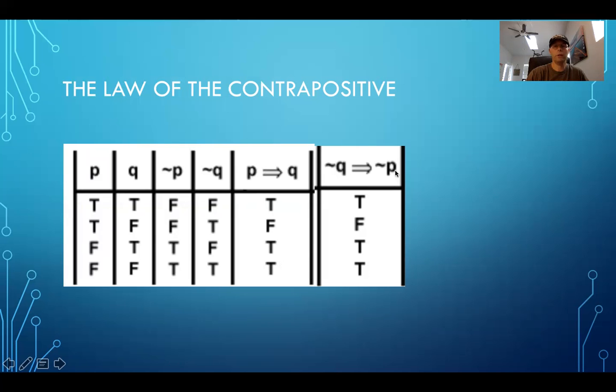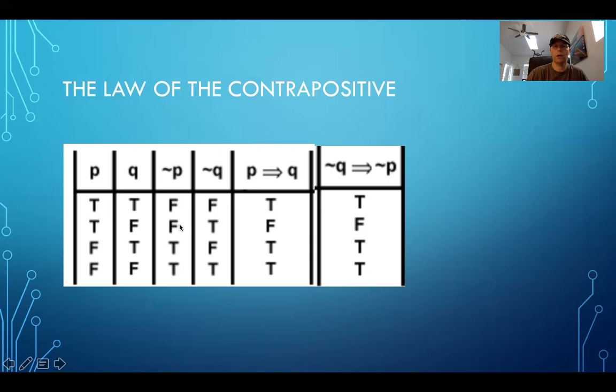And then we look at this other statement, the contrapositive, not Q implies not P. Well, where is that false? That is false where not Q is true, the if part is true, and not P is false. Where is not Q true? Right here. And not P false, right here.